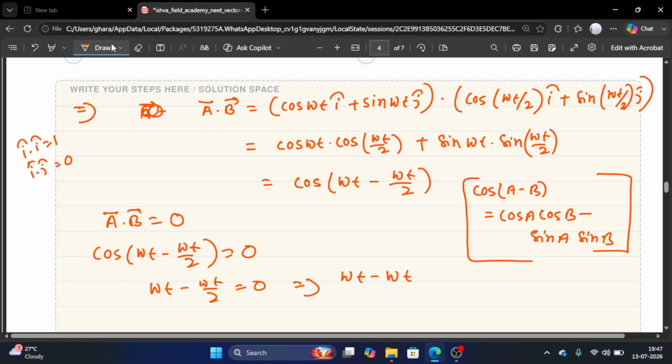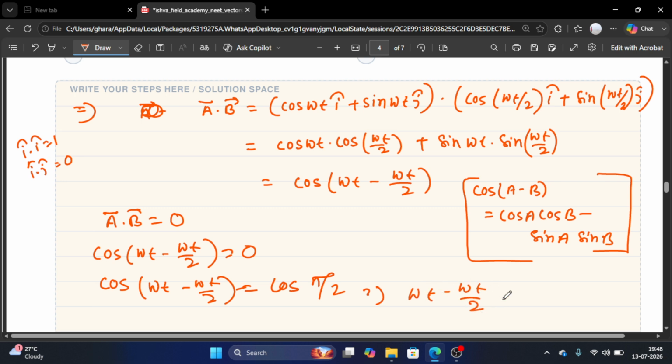So cos(omega t minus omega t by 2) equals 0. You can write 0 as cos pi by 2, that means omega t minus omega t by 2 equals pi by 2.